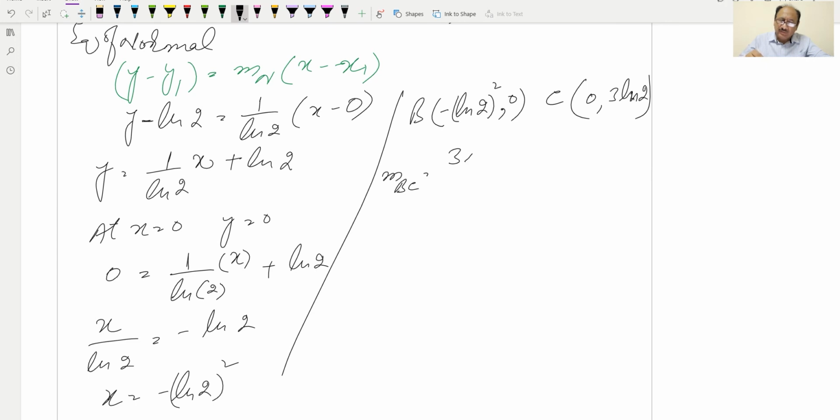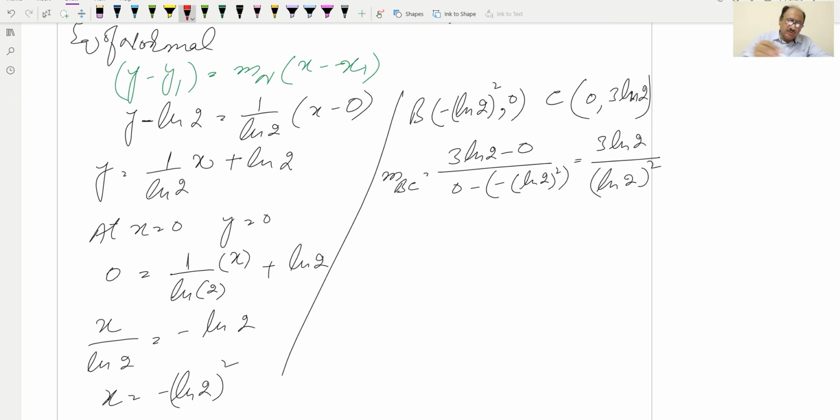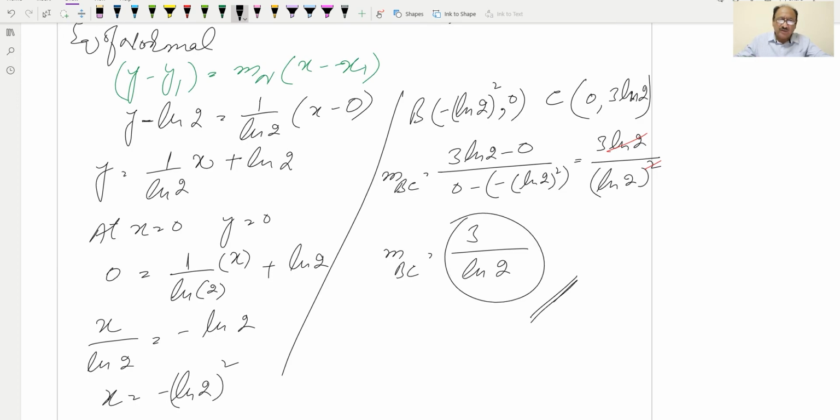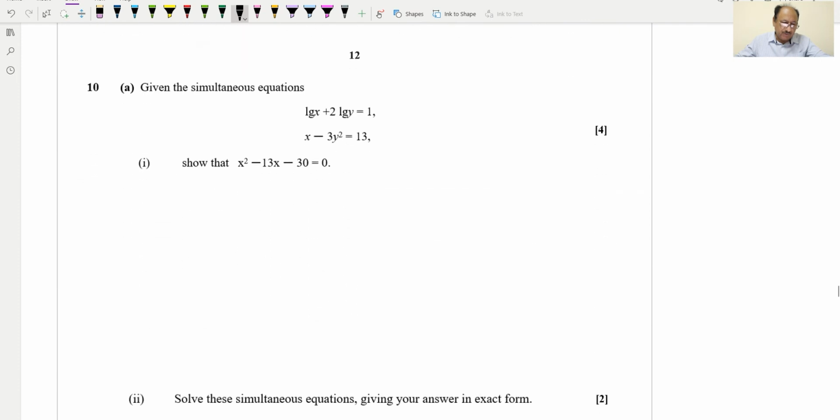So we can write (3 log 2 minus 0) over (0 minus (minus log 2 square)), which is 3 log 2 over log 2 square, and log 2 and square will cancel, and the answer will be gradient of BC is equal to 3 over log of 2. This is the gradient which we were supposed to find, and it was a 9-mark question which we had done.